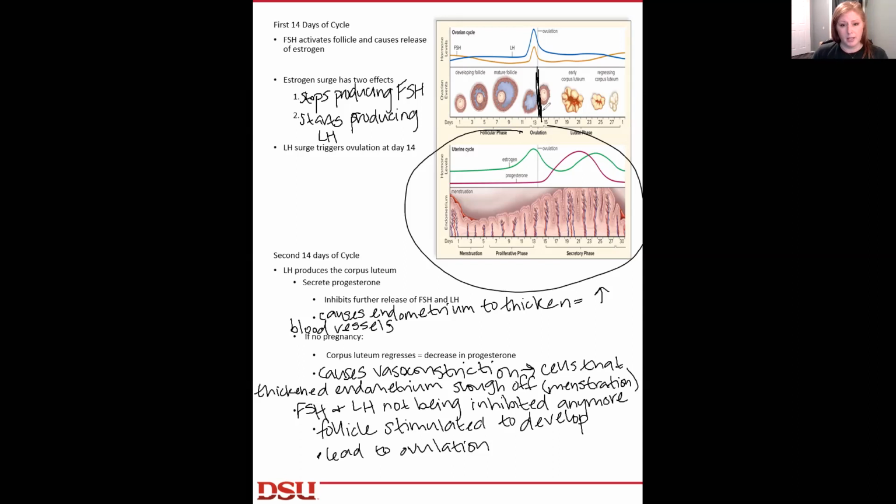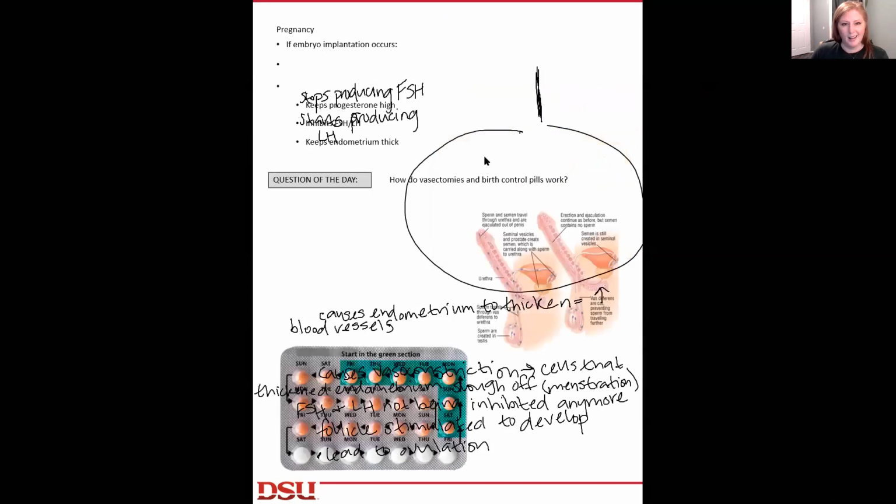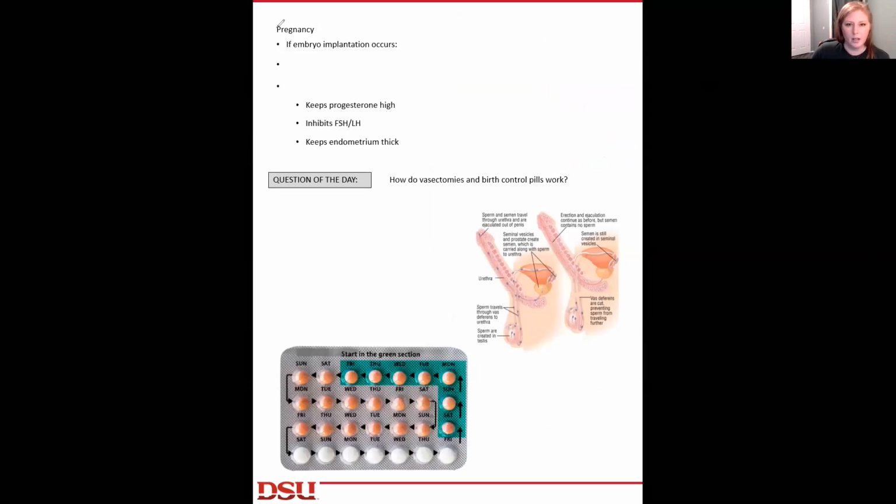Some women get really bad headaches or migraines that are triggered by the hormone surges. There's so many things that this complex, constant soup of hormones creates.